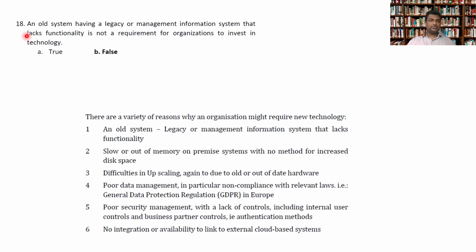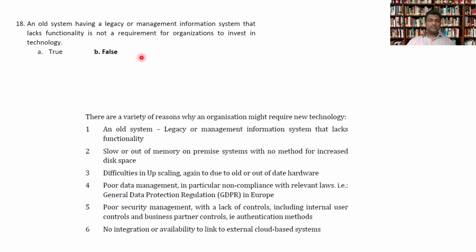So you need a new system because functionality is what you are looking for. It's totally fine to have an old system if it's functioning the way you want, right? So if it doesn't have the features you require now, then you have to change it. You have to invest in a new system, or you have to invest in upgrading.